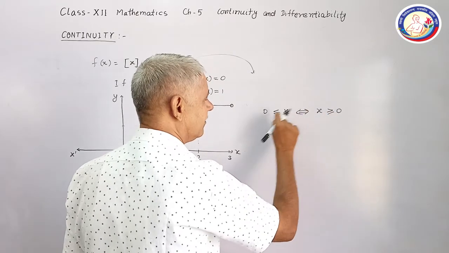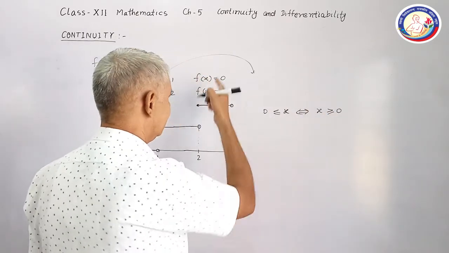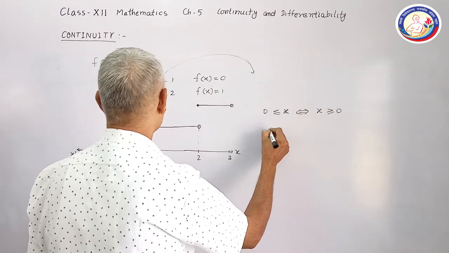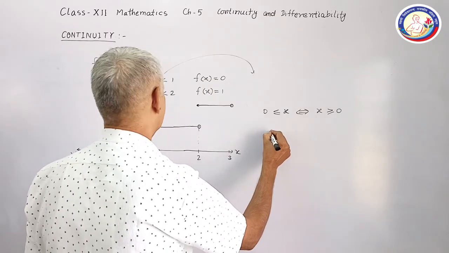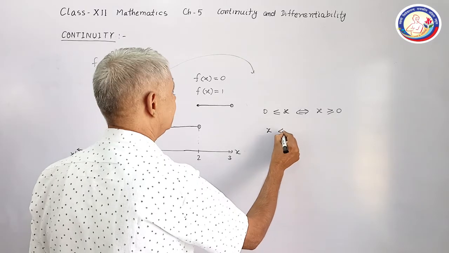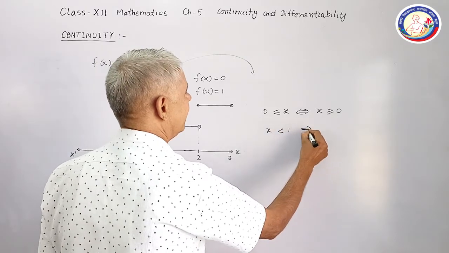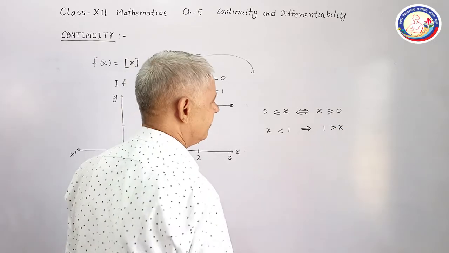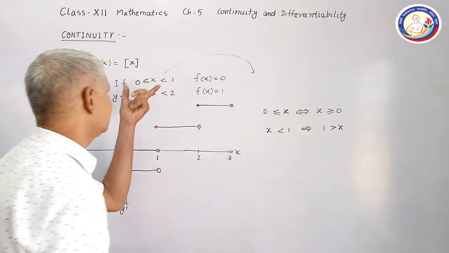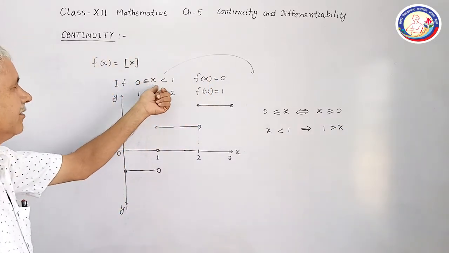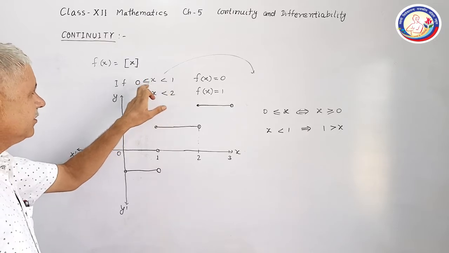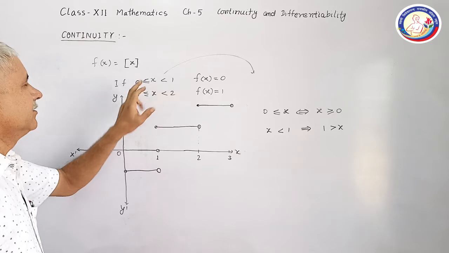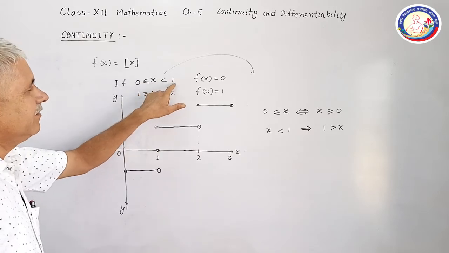Again, x is less than 1 implies that 1 is greater than x. So, in this way, we can understand this condition. 0 is either equal to x or is less than x, and x is less than 1.